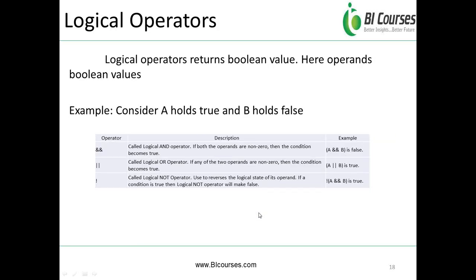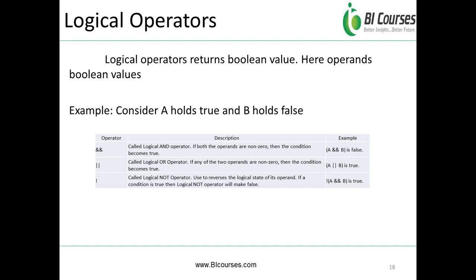Okay, next one, logical operators. Logical operators return a boolean value. Here the operands are boolean values. The previous operators were used with operands like integers and float numbers, but logical operators always deal with boolean operands.